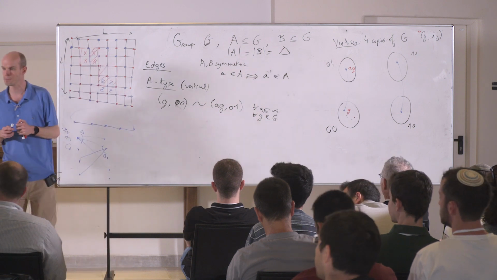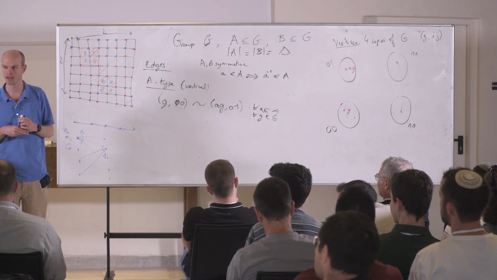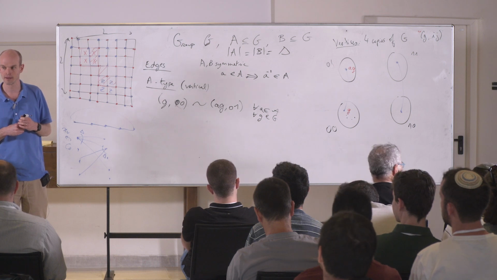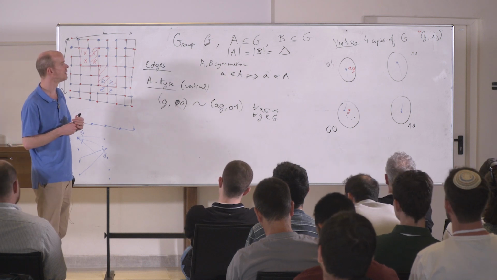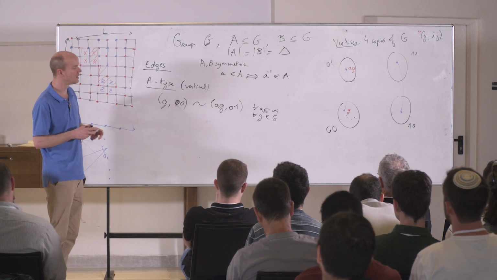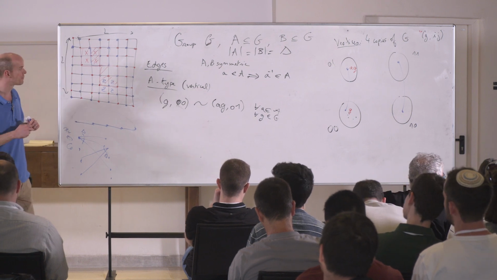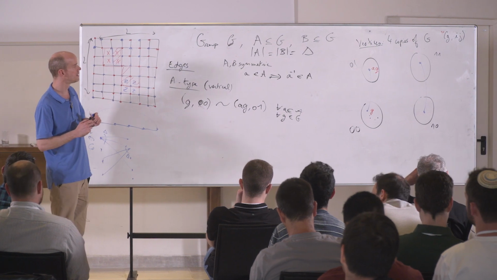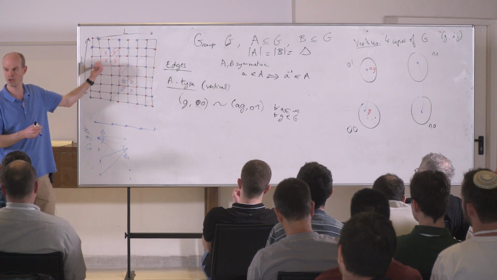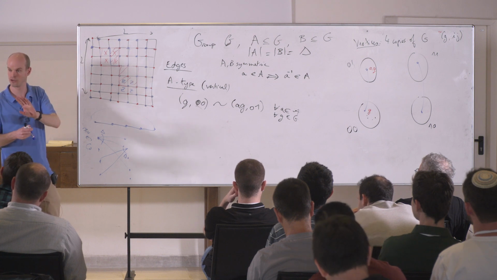Yes? I just want to make sure that I understand, because it seems that when you're talking about the variables in A, there are only two variables that you define. Yeah, so in this example, A had cardinality 2, so there were only 2 elements.